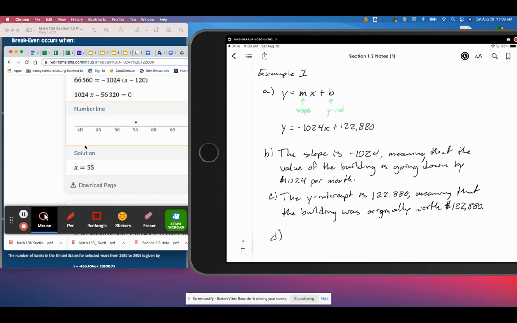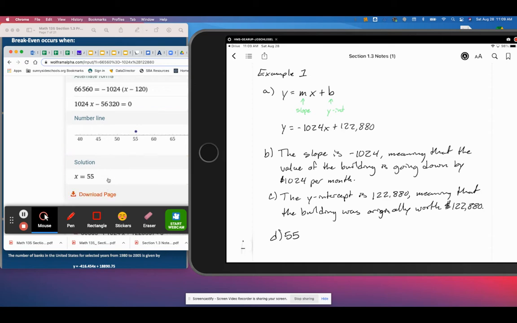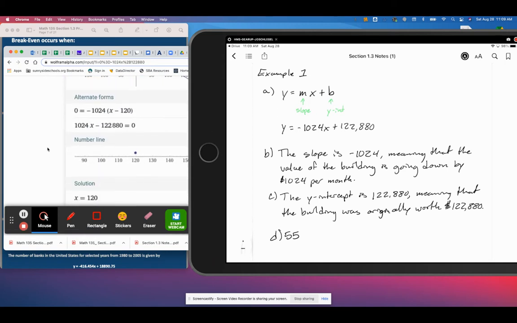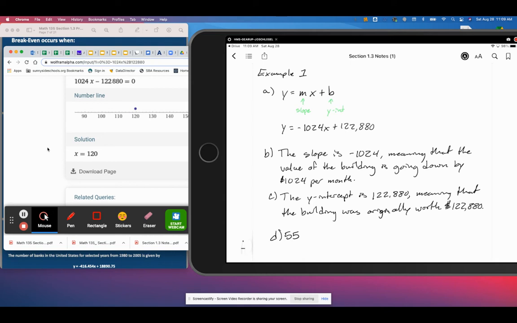And so I'm just going to write that down here so I've got it really quick, and then I will interpret that, or I'll write a sentence about that in a moment. The second part of this question was asking when will the value of the building be $0? And that would be fully depreciated for tax purposes. And so you would no longer have to claim the value of this building as an asset on your taxes. And that is going to take 120 months.